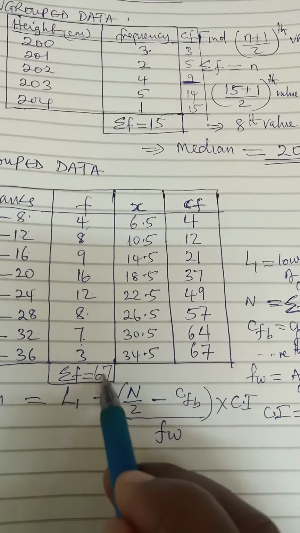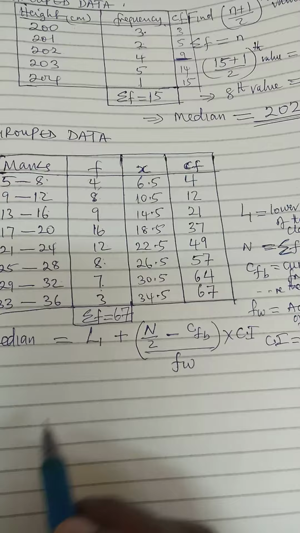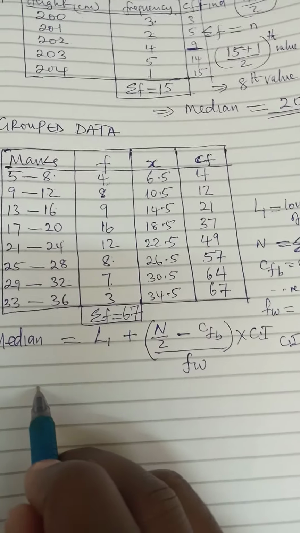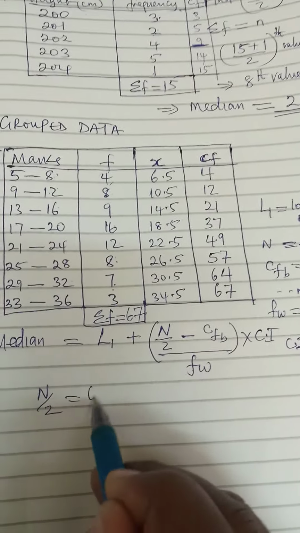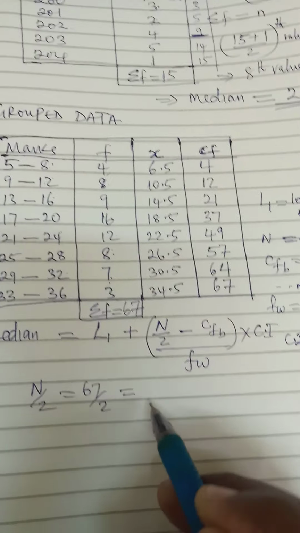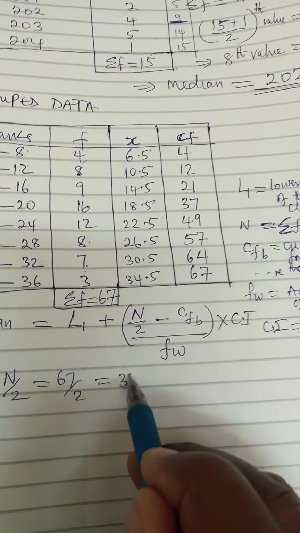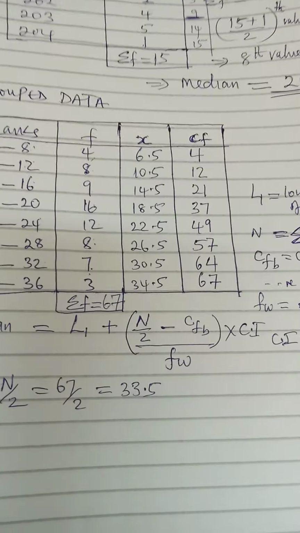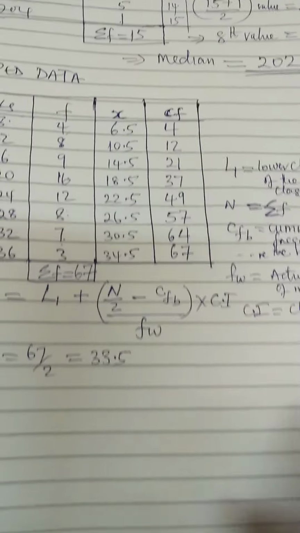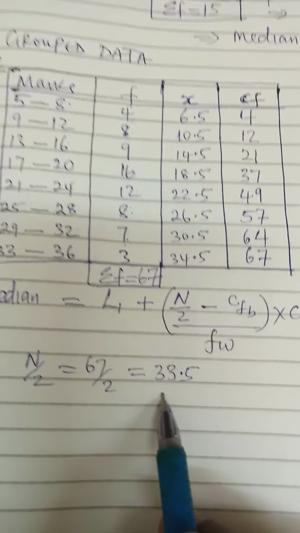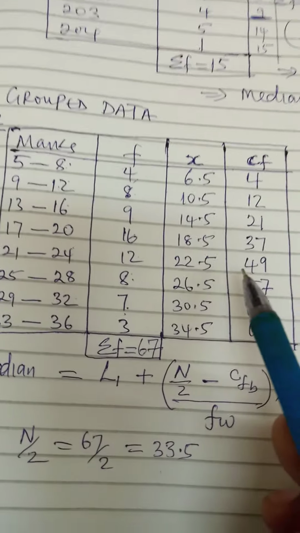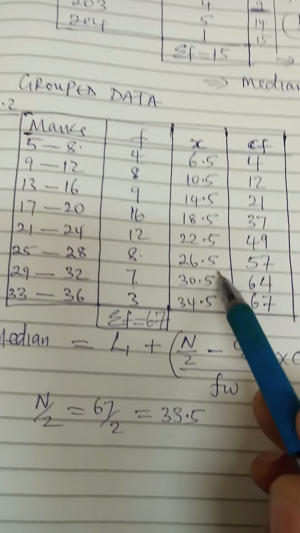So our N is 67. That means that our N over 2 is 67 over 2, which would indeed be 33.5.